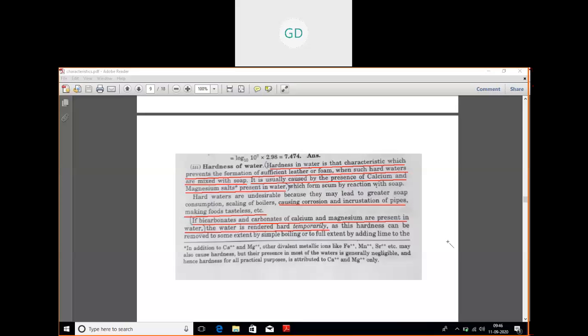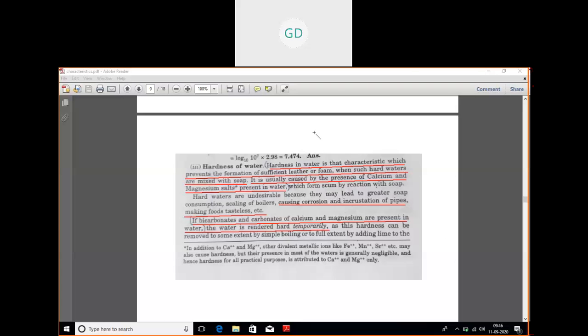Because temporary hardness of water can be removed by boiling the water. Temporary hardness can be removed either by boiling or by adding lime to the water.